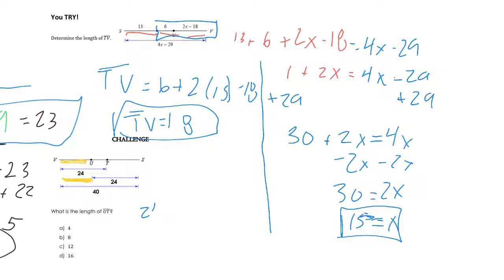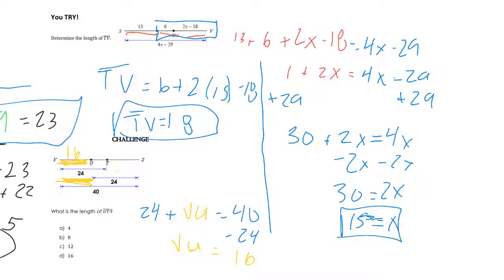So 24 plus VU, or x, you could call it x, equals 40. So I'm going to subtract 24, and VU equals 16. Because if this yellow piece here is 16 and that piece is 24, it adds up to 40. So that's what fits. It's like a puzzle.